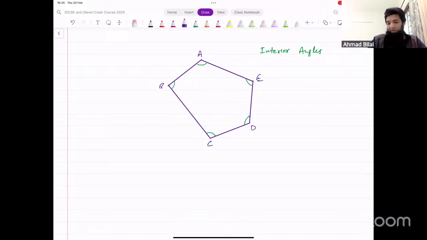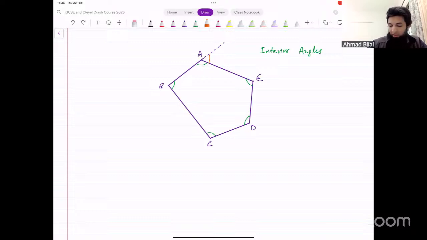If you extend any one side of the pentagon outside the pentagon, for instance, if you were to extend this side that's touching the pentagon at A, if you extend it like this, the angle that is outside the pentagon here, so this is the interior angle.